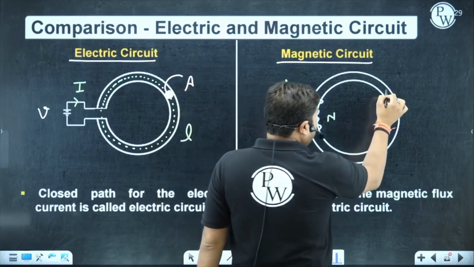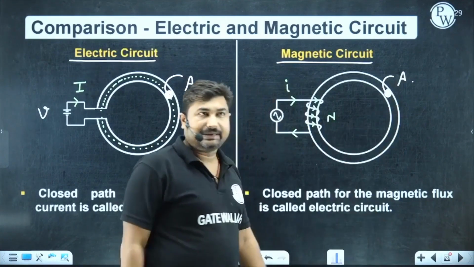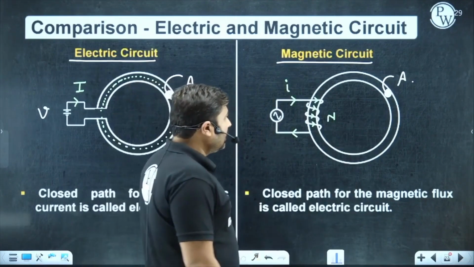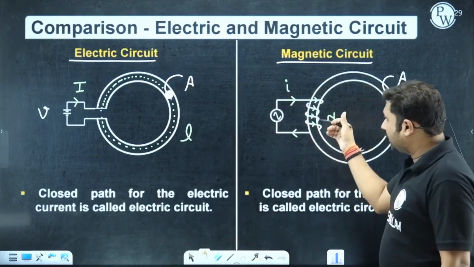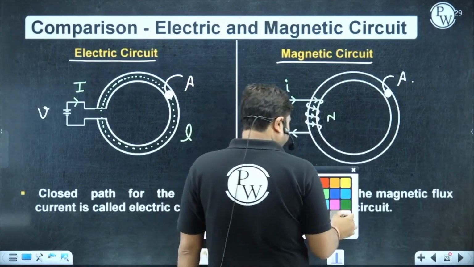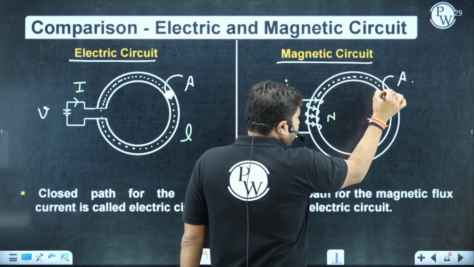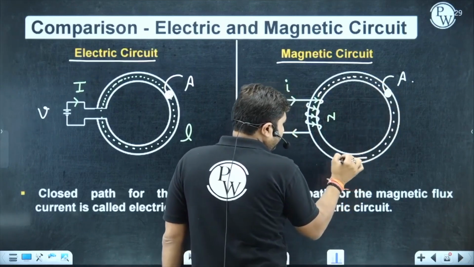This ring has an area of cross section, say A. Now the current I flowing through N turns will create a magnetomotive force. Now please observe here. The length of this iron ring is equal to L.